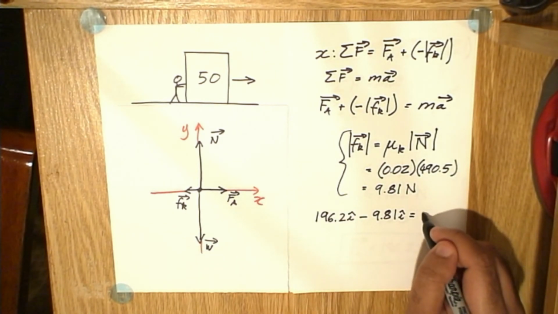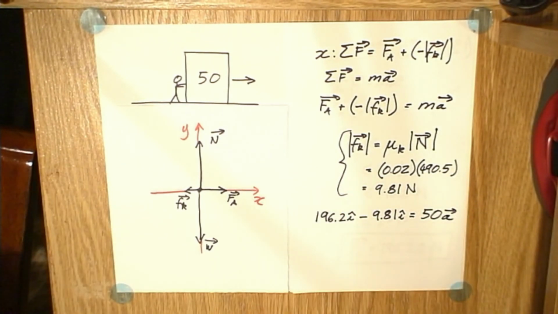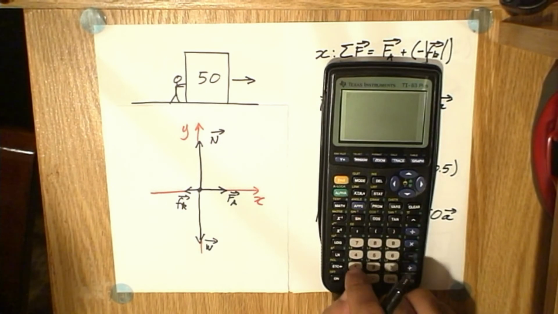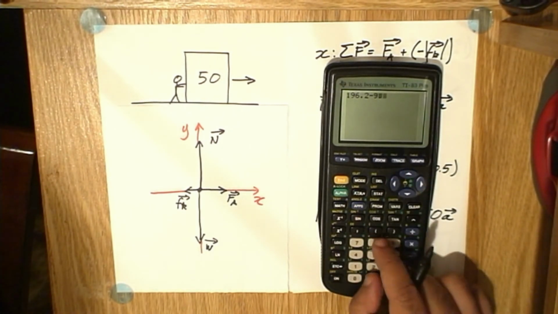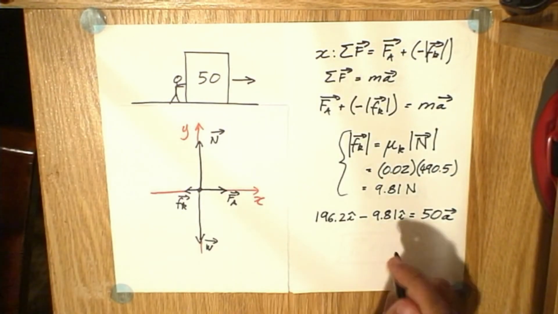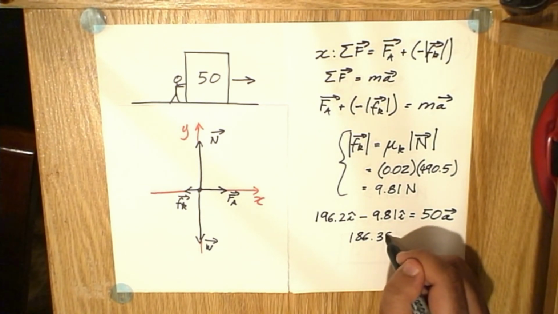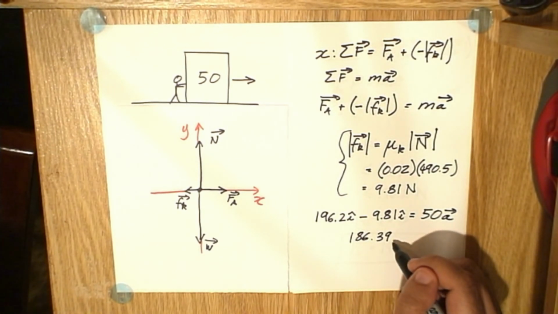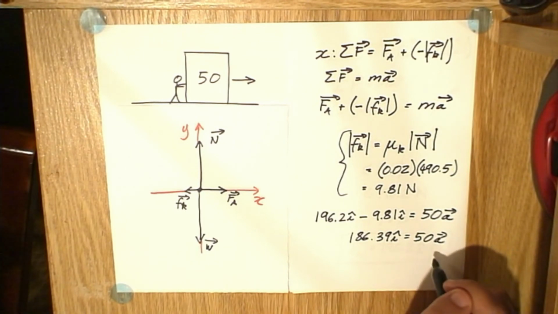The mass of the object was 50, and the only unknown is the acceleration. So, 196.2 minus 9.81 is 186.39, which is equal to 50 times acceleration.